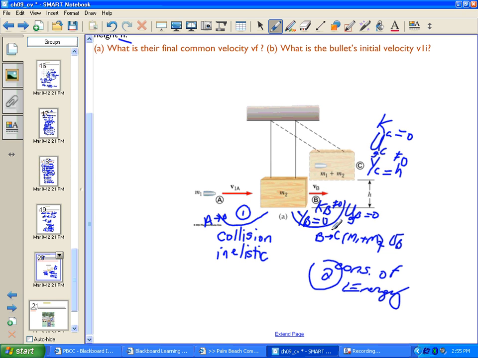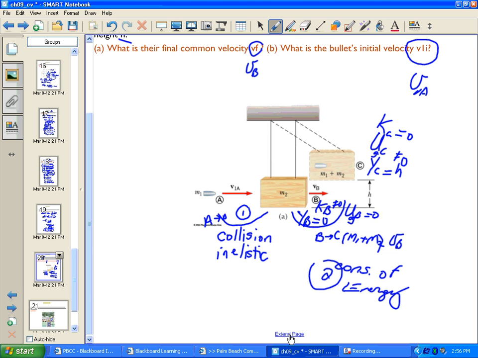And although they asked us to determine V, what we're going to call V_B, what we're really after, and the purpose of using this arrangement of the pendulum, is to obtain V_1A. That is really the purpose for this device, to obtain the muzzle speed of the bullet.